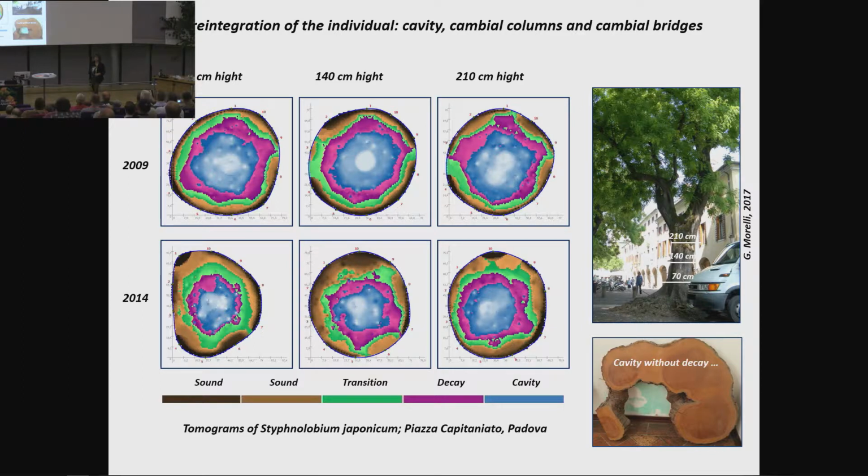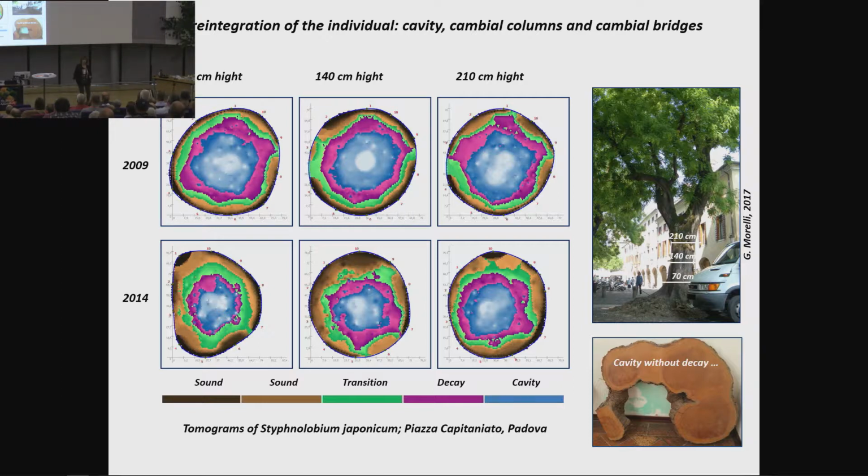And talking about this opportunity that some trees have to introflect the vascular cambium layer, we studied a pagoda tree in Padua, in a beautiful central area with 250 years old pagoda trees. In this case, we used the tomograph, and we studied the tree at 3 different heights from the ground.